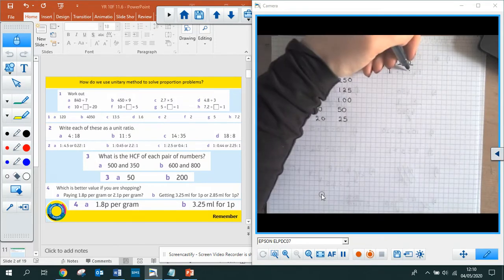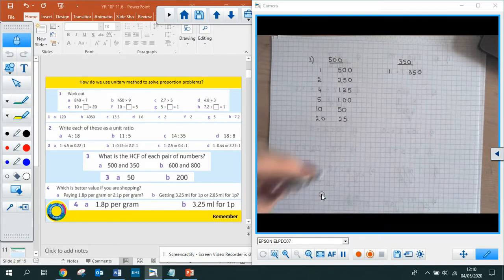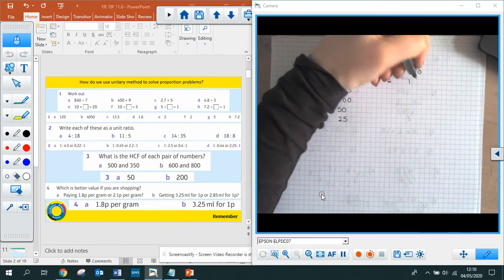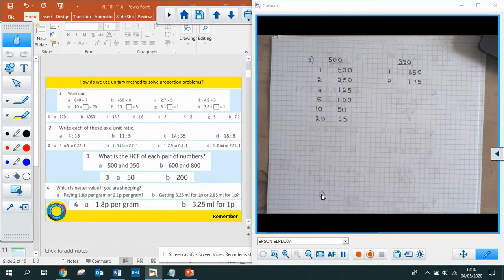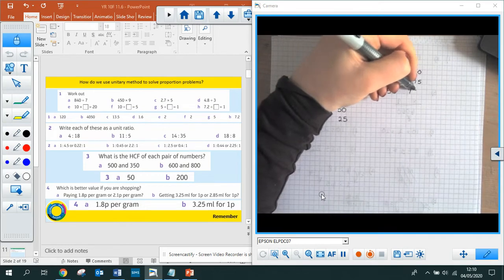For 350, we've got 1 and 350. 2 and 175. 3 isn't a factor. 4 isn't a factor. 5 is a factor. It'll be 5 and 70.